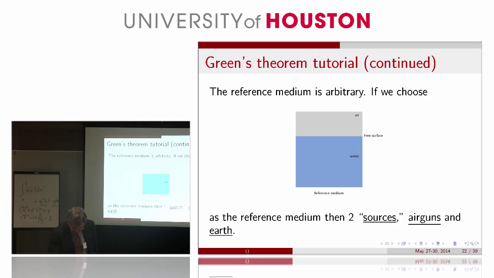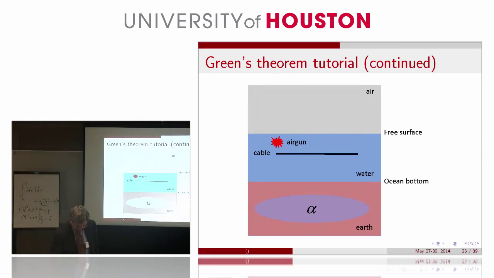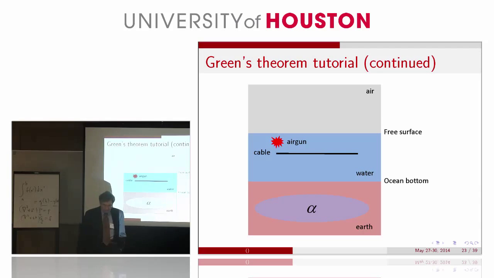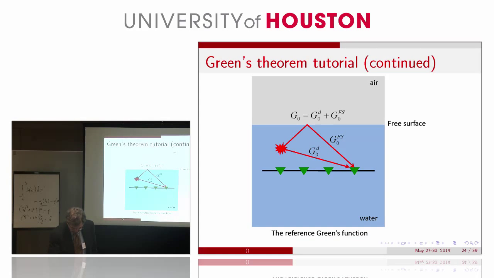So we have this, and then we choose this reference, and then, as I said, with that choice, you have two sources, and then you have to say where is your surface and where is inside. So there's the reference Green's function with that choice of reference medium.